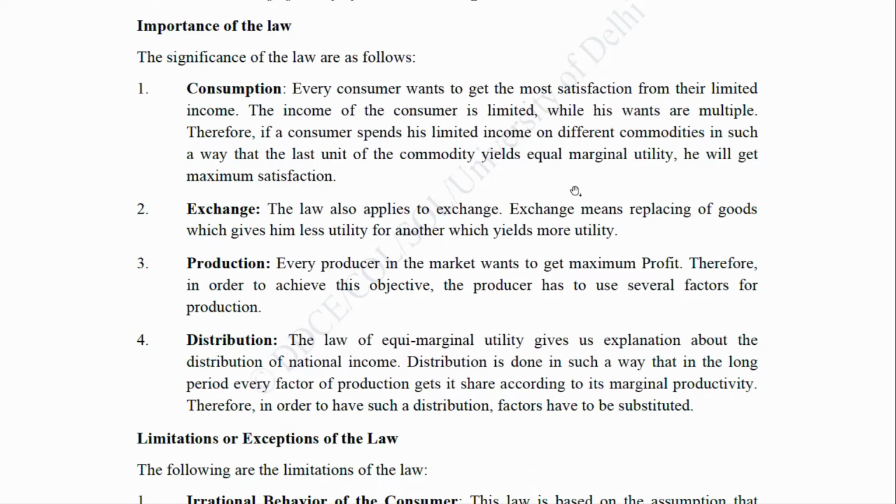Fourth, distribution. The law of equimarginal utility gives an explanation about the distribution of national income. Distribution is done in such a way that in the long period, every factor of production gets its share according to its marginal productivity. Therefore, in order to have such a distribution, factors have to be substituted.